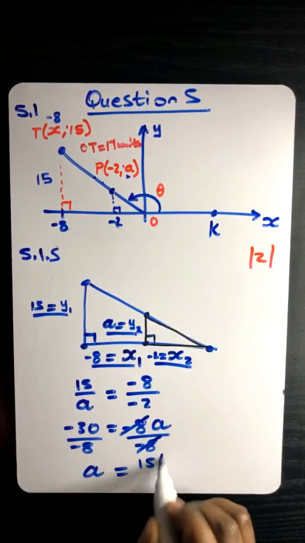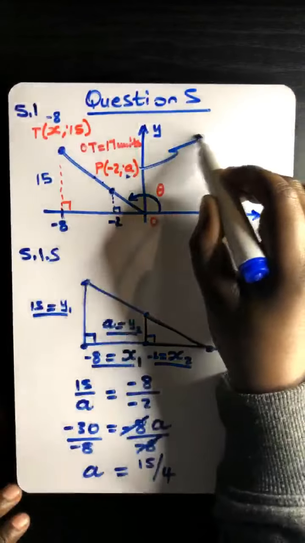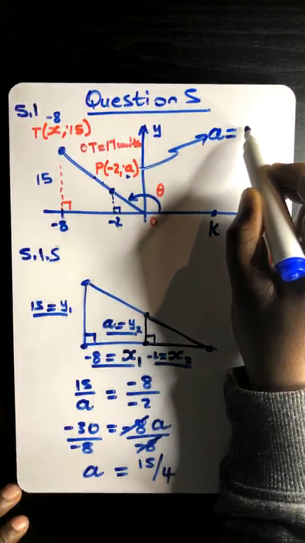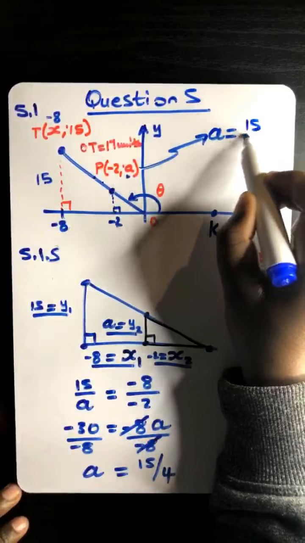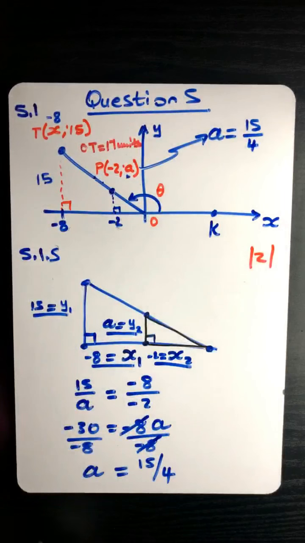So A is equal to 15 over 4. I'm not sure if you guys understand that calculation. Does it make sense, guys, or am I losing you there? Mm-hmm. It does.